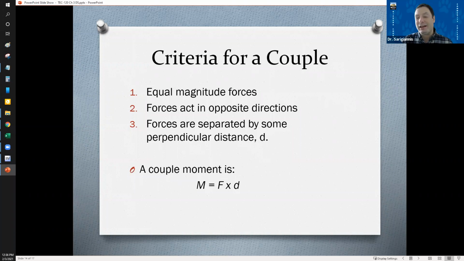Two forces in line with each other acting in opposite directions just cancel out. So a couple moment is force times the perpendicular distance between those two forces, using one of those forces. You can show this is force times the total distance: if you did each individual force times half the distance and added them together, you'd wind up with force times the total distance.